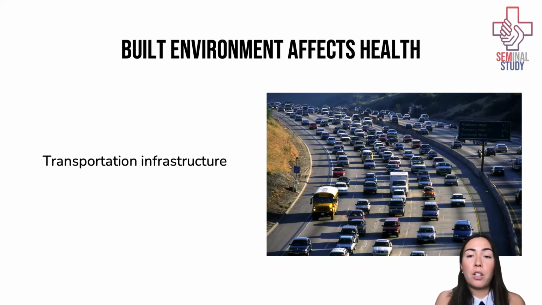Transportation infrastructure not only determines the ease of access to locations that promote health, like hospitals and clinics or pharmacies, but we also know that neighborhoods that are in close proximity to large freeways may increase exposure for their residents to toxic chemicals from car exhaust. We know from the literature that proximity to air pollutants, both at work and at home, have been linked to increased exacerbations of respiratory illness.